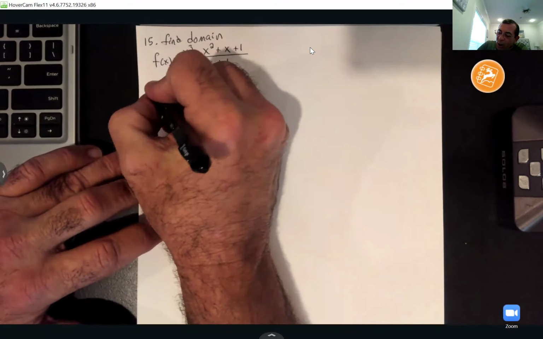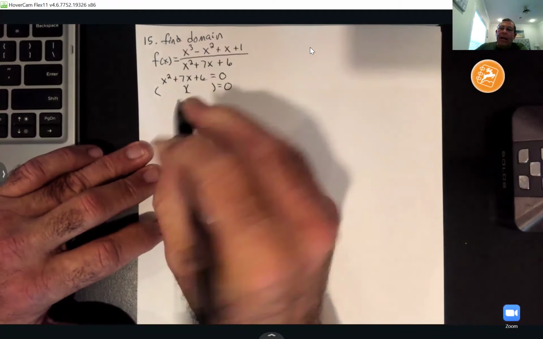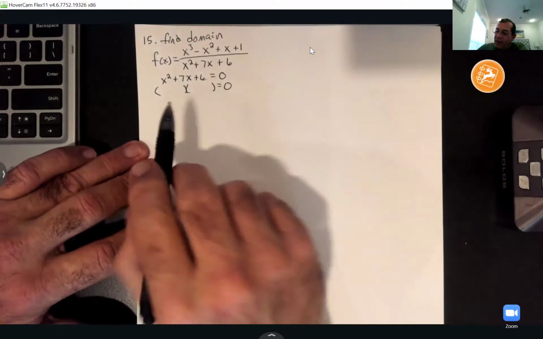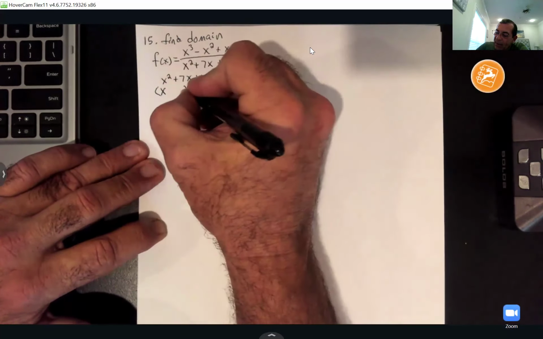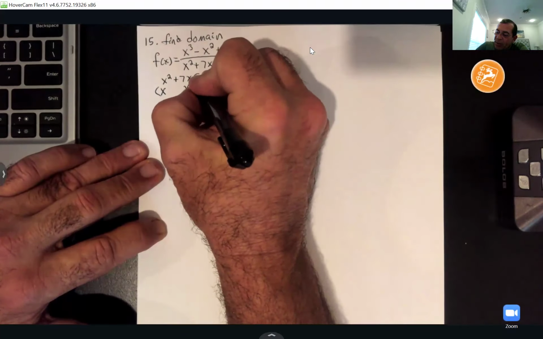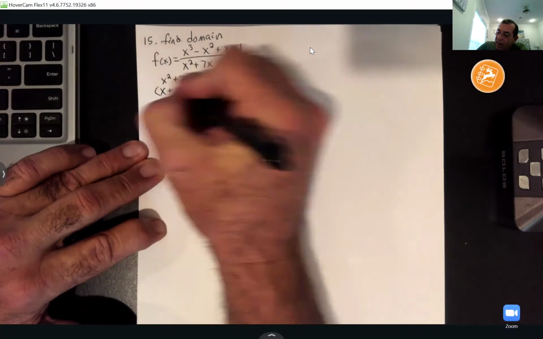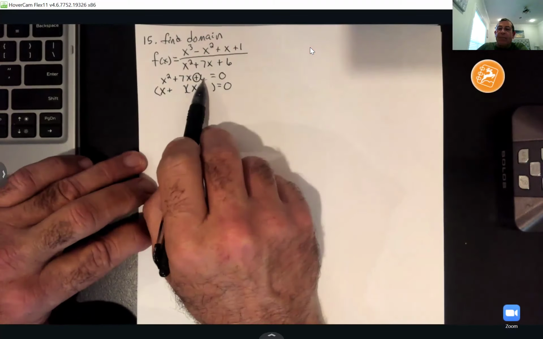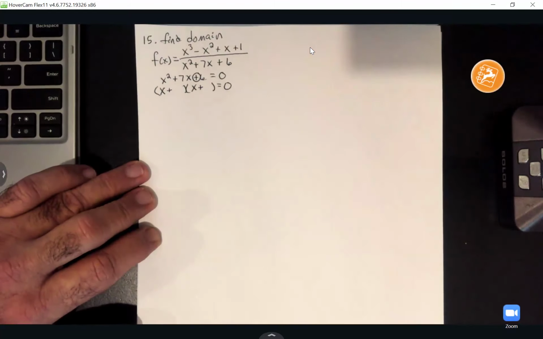And these ones always factor. Now you could do the quad formula, but that's a lot of stuff to do to this. X squared is an x and an x. My last number's positive, so both of these will be positive like the middle. And all y'all got to do is find me factors of 6 that add to give us 7. 6 and 1.